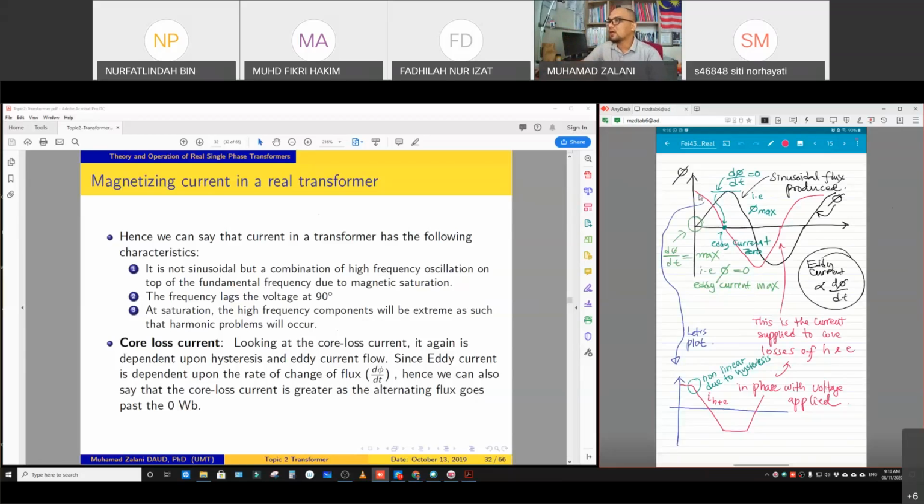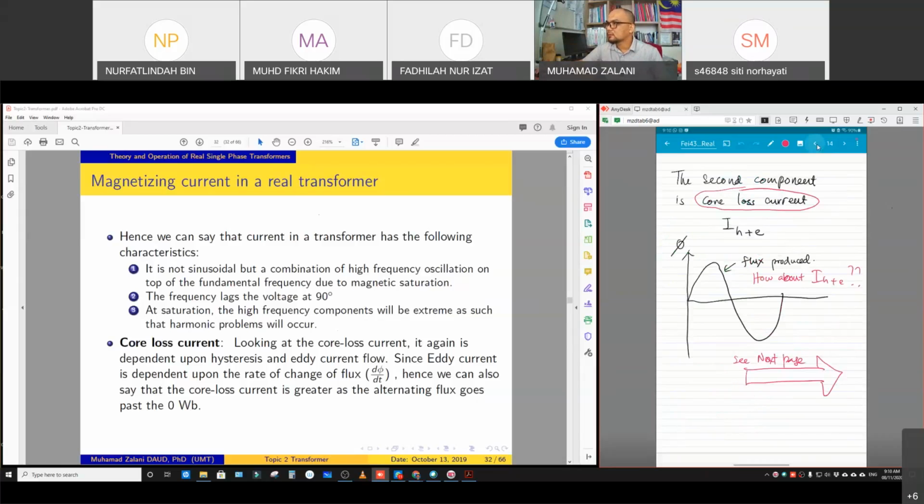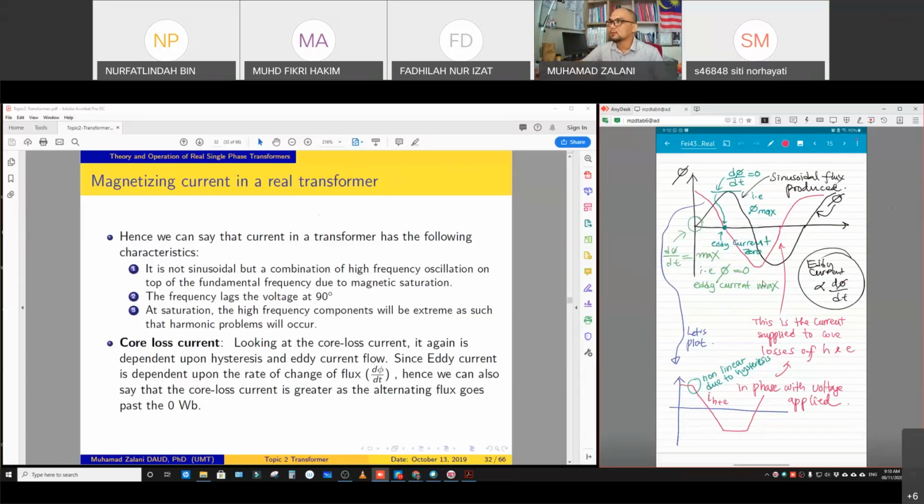So if we do the d phi over dt, which is differentiation of the phi, at this instant, at this peak of the sinusoidal flux here, d phi over dt, of course, is 0. So we can say that the loss, which is core loss current, is also cosine function.